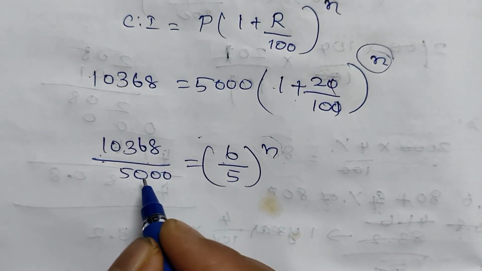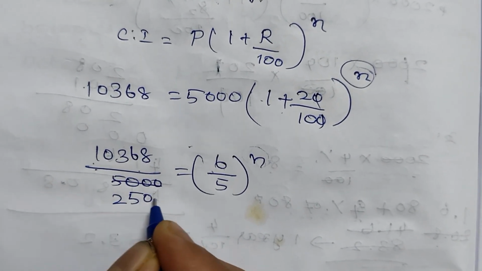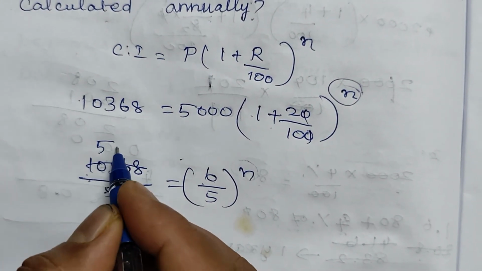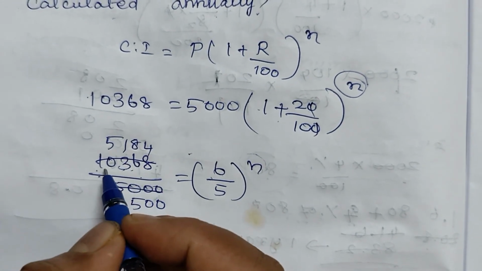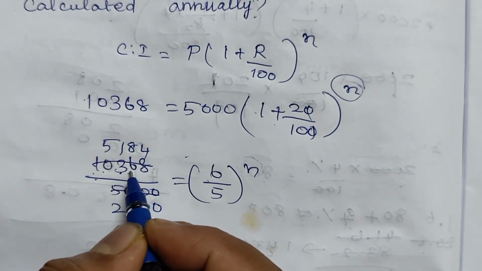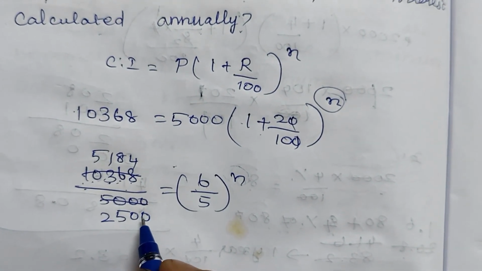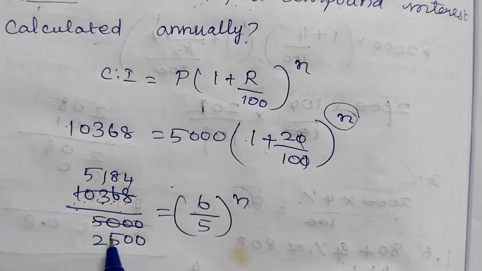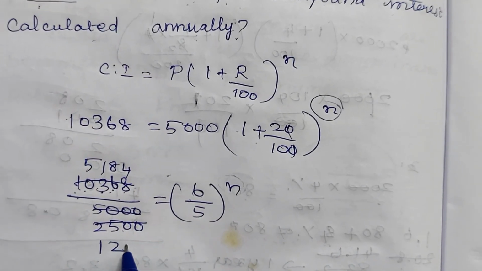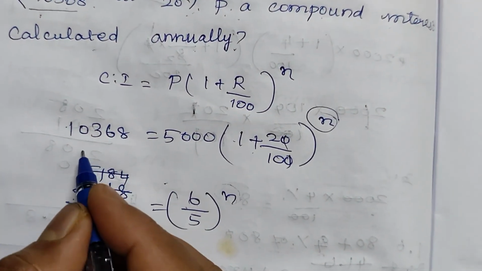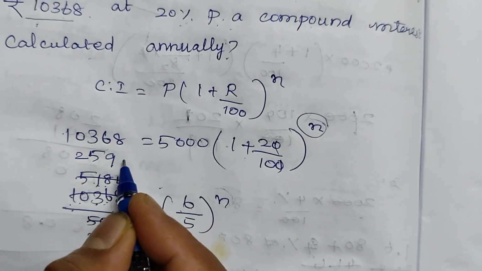For that, first we have to divide 10368 by 5000. Dividing by 2 repeatedly: 2 2s are 4, 5 2s are 10, 0, 0, and so on, down to 5184 over 2500, then 2592 over 1250.